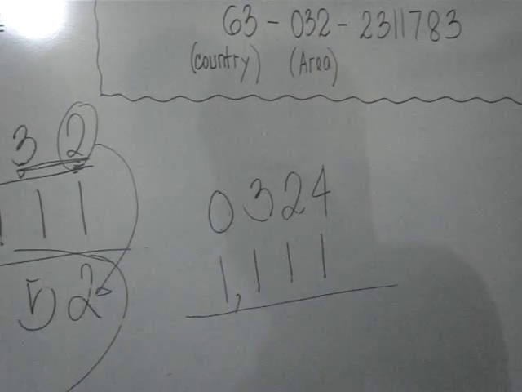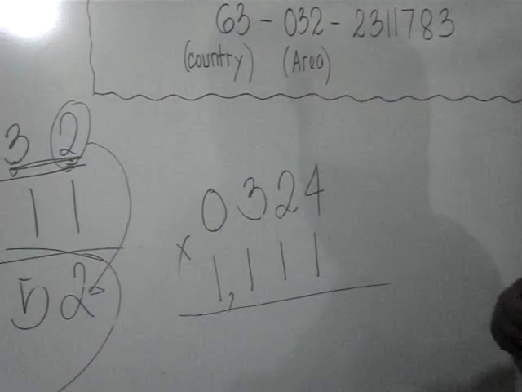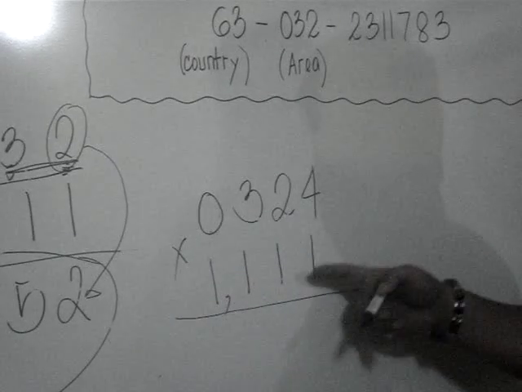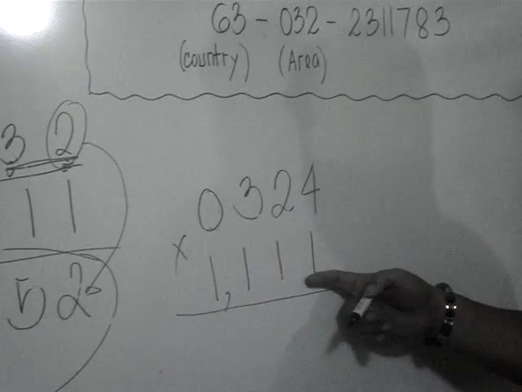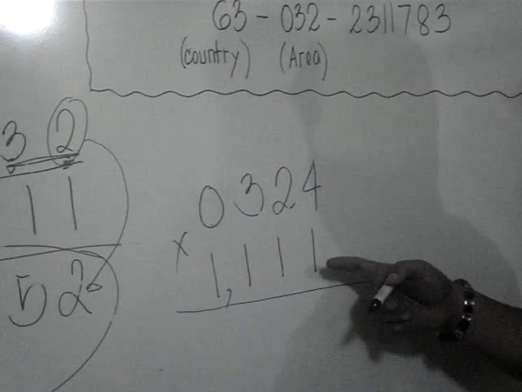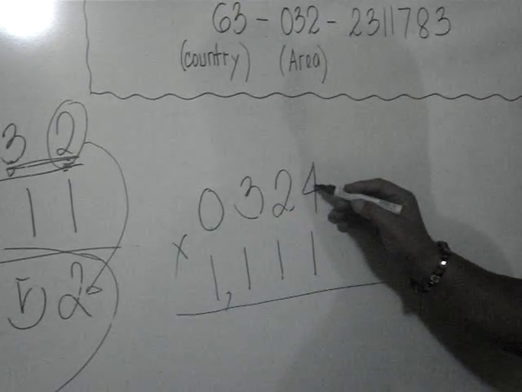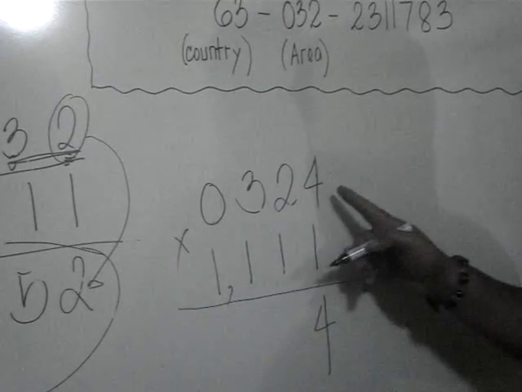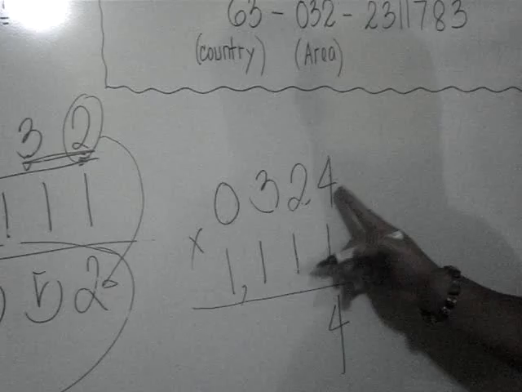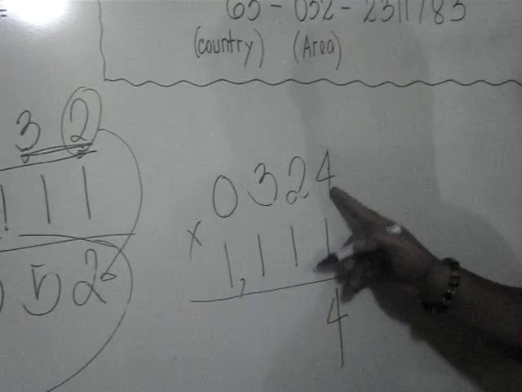First, in multiplying a number with a multiplier containing the digit 1, all you have to do is just copy the rightmost, 4. Then add these 2. From 1, make it 2. Then from 2, make it 3.